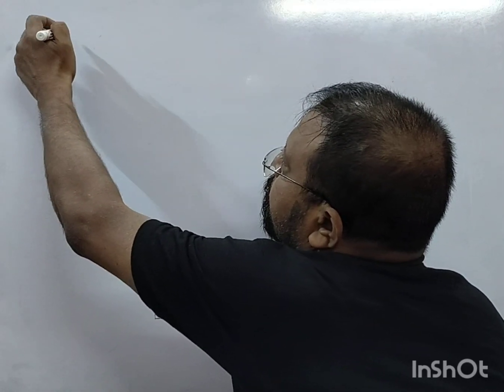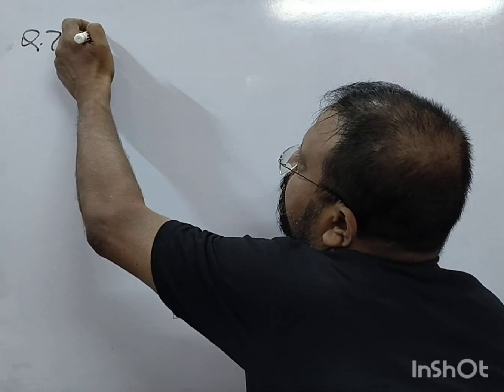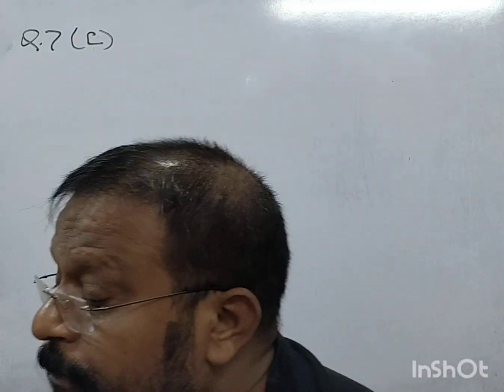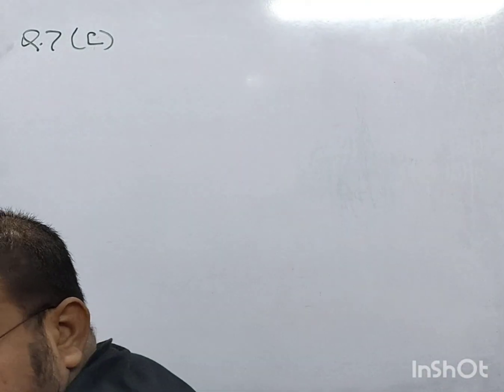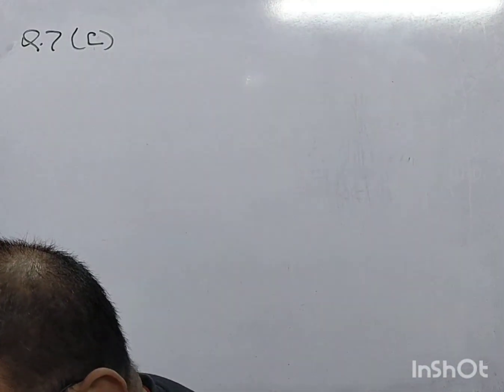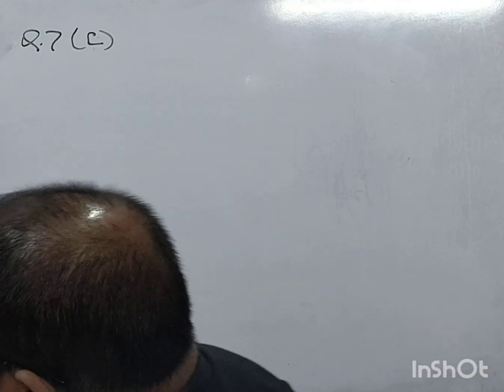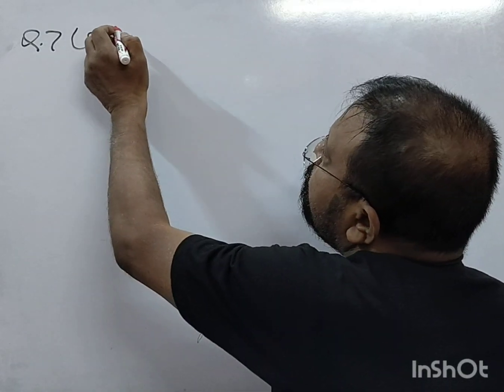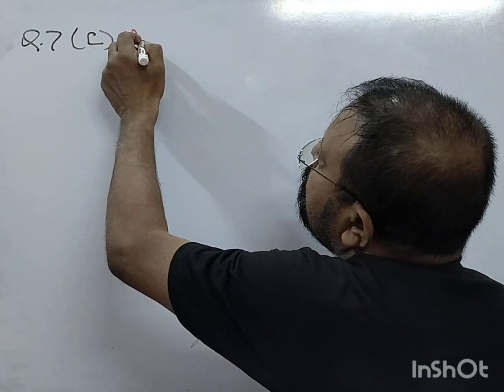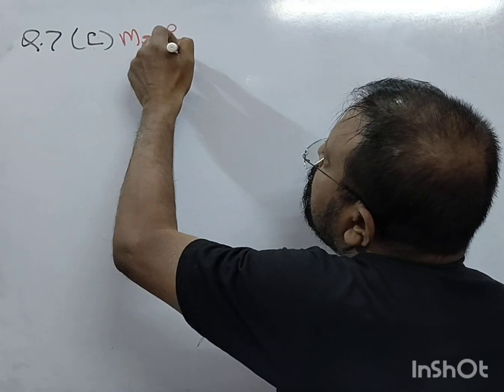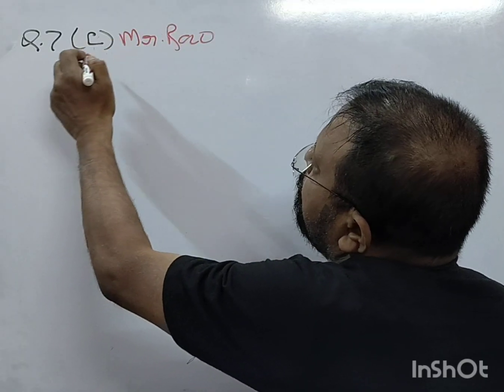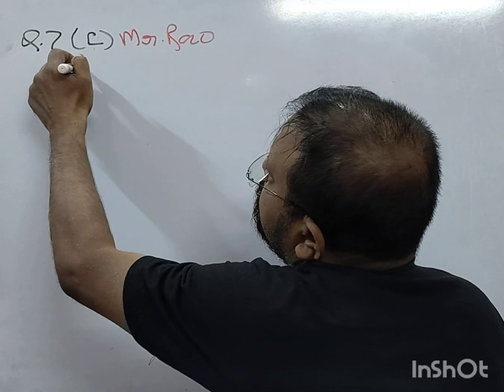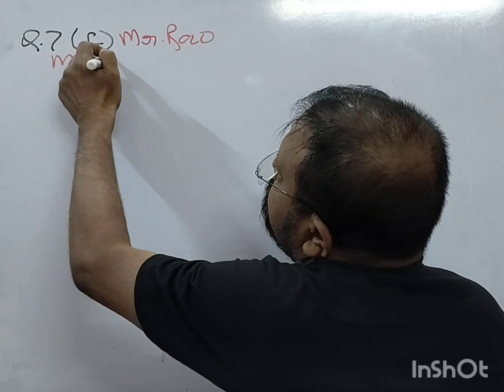Question number 7, part C. Right? What is the question we have? The question is like this: Mr. Rao deposited MI is 250 rupees.